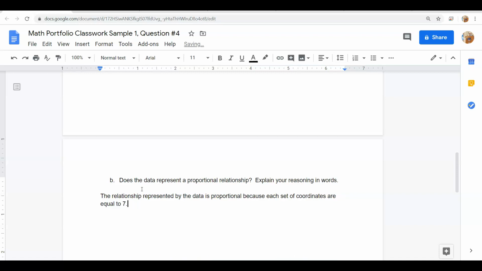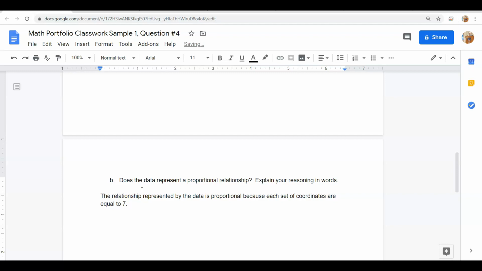Don't say, yeah, because the coordinates are the same. If you say they're the same, I'm just going to say, no, that's not the correct wording that I want, and I'm going to return it to you. I want this wording. So the relationship is proportional because each set of coordinates are equal to 7 or are equal. Don't say they're the same.